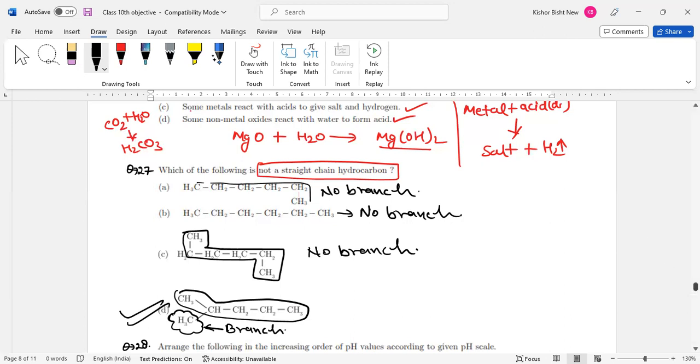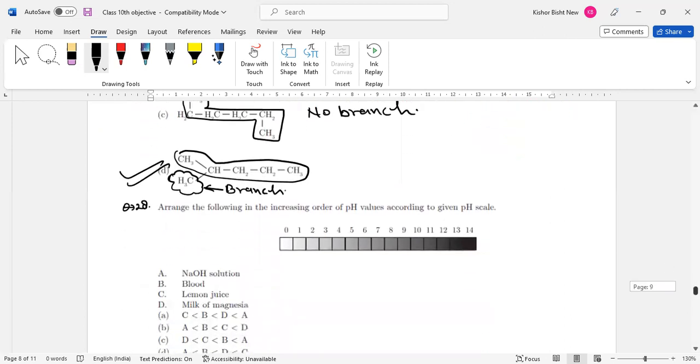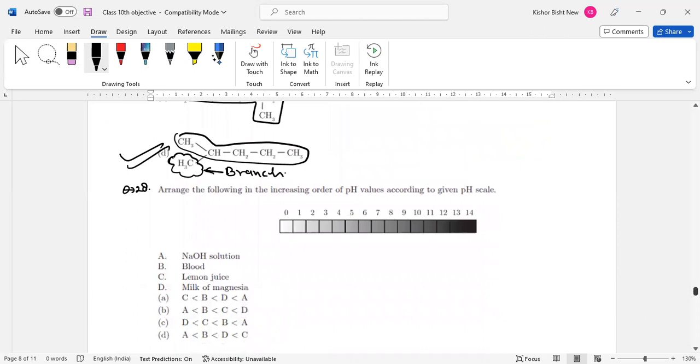Now come to the next one. Question number 28. Arrange the following in increasing order of the pH. Please remember, increasing order of the pH value according to the given pH scale.